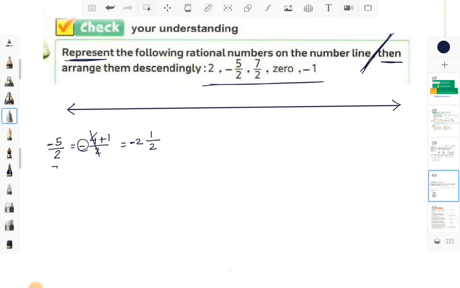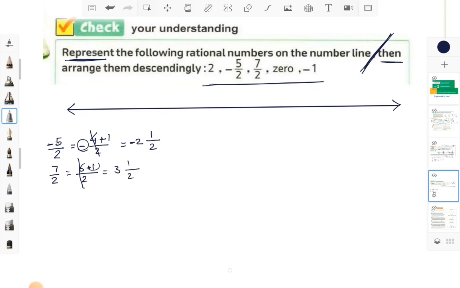Also 7 over 2: the smaller multiple of 2 that is divisible is 6, plus 1 equals 7 over 2. So 6 over 2 equals 3 and the remaining is 1 over 2.